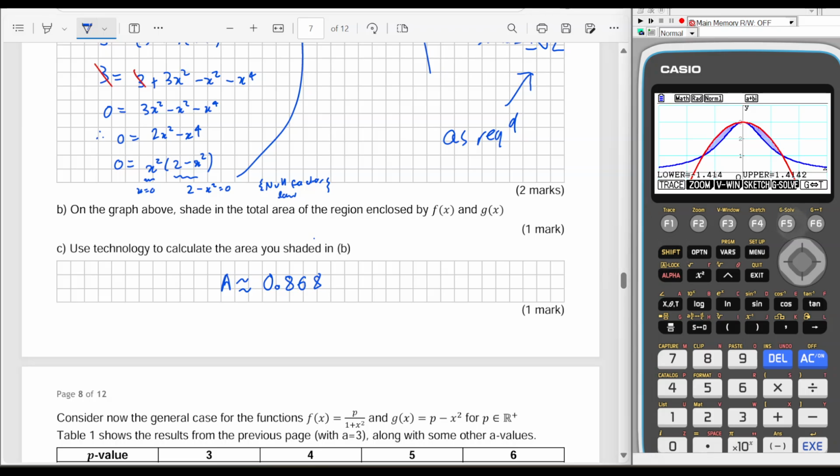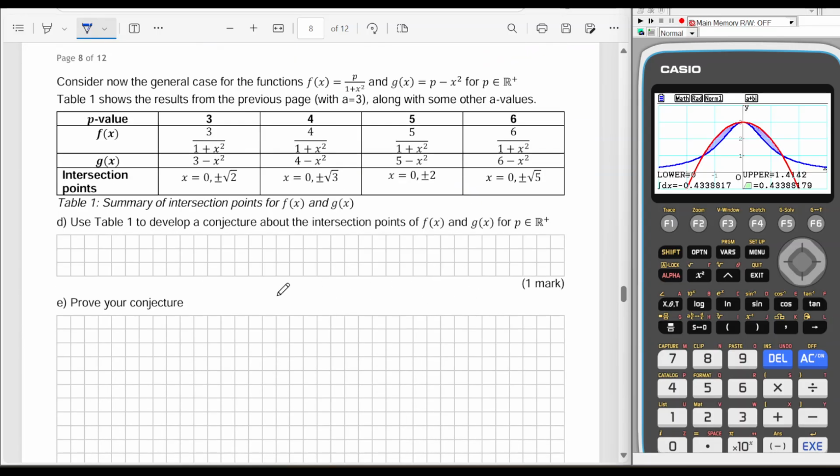Just for something later, I'm going to point out that if you integrate just half of it, so if you go 0 up to root 2, that is just half the total area, so 0.433. That's something worth just keeping in mind for later.